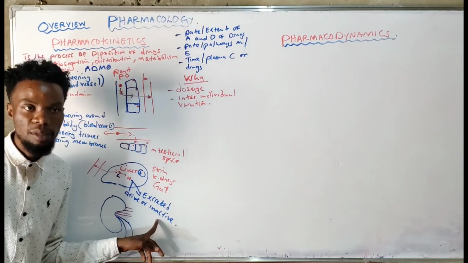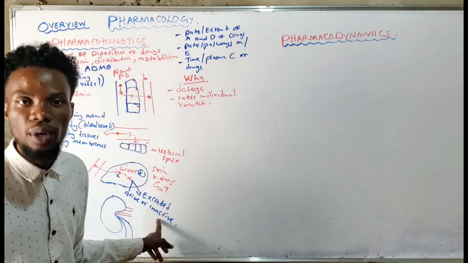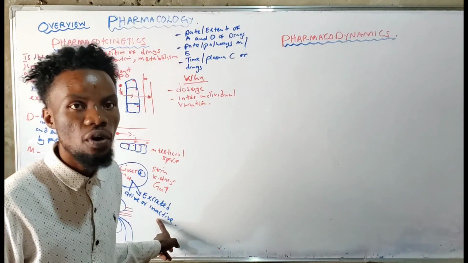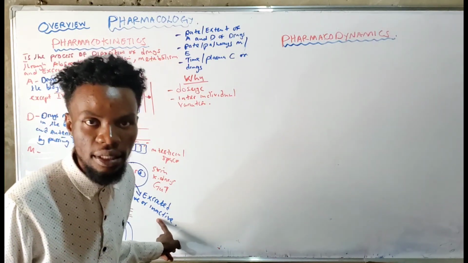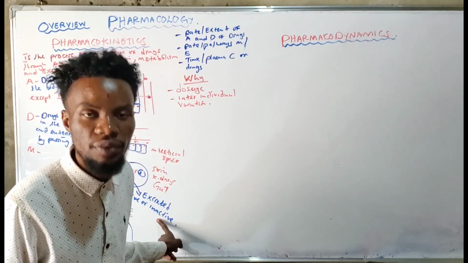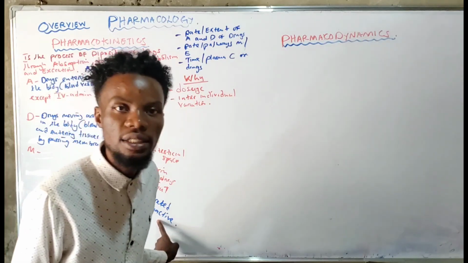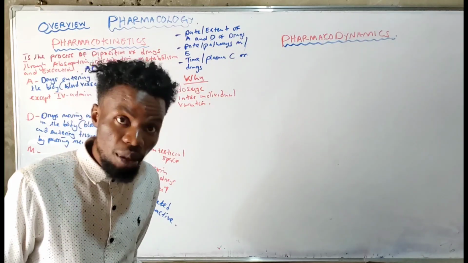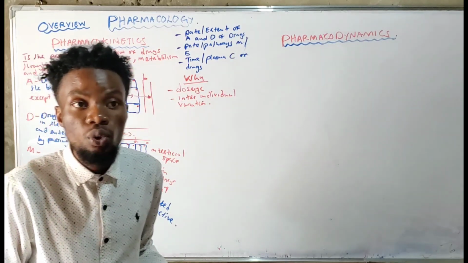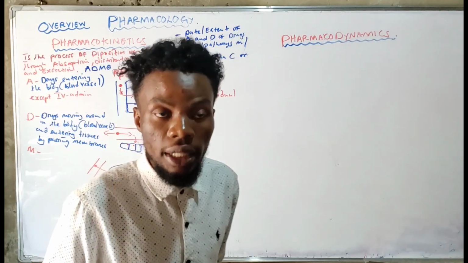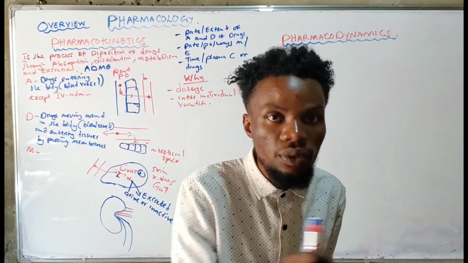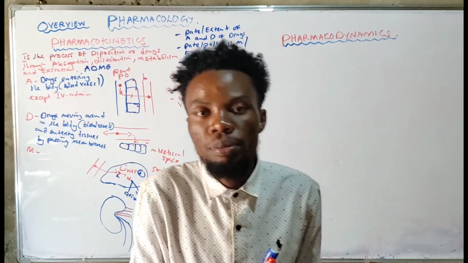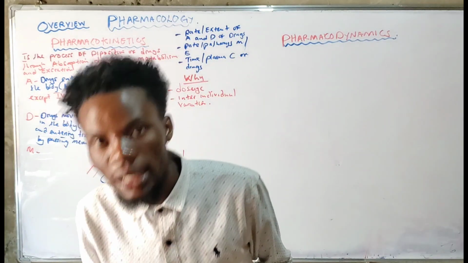Activated, because there are some drugs that we give in a form where it's not activated. Then if it goes to the liver, it's going to be activated so that it can start showing its effect to the body. Or if you want to destroy the drug, the liver will start getting those activated drugs and make them inactivated.